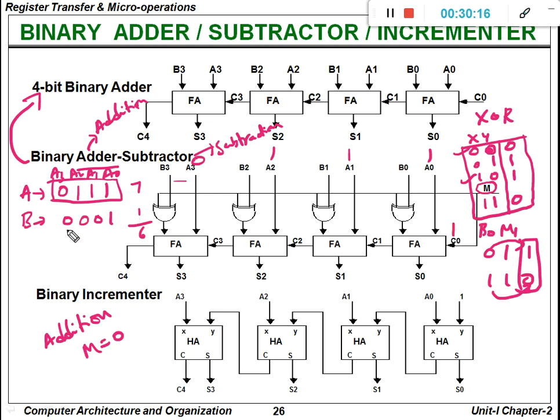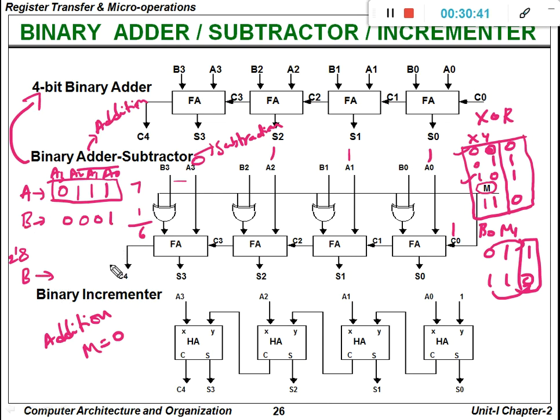Okay. Now before actually performing the subtraction operation, let us have the 2's complement of B. Because for subtraction, how are we going to perform? The content of register A plus the 2's complement of the content of register B. So what is the 2's complement value of B?